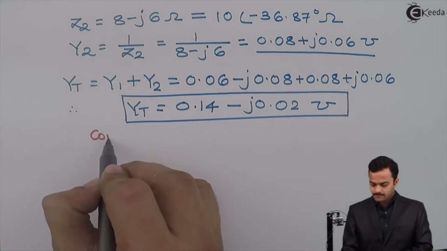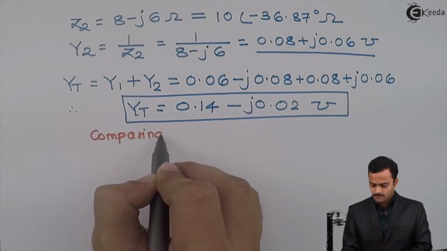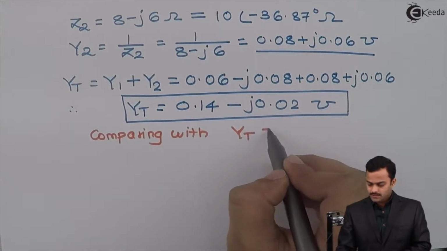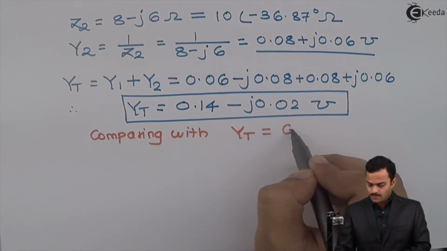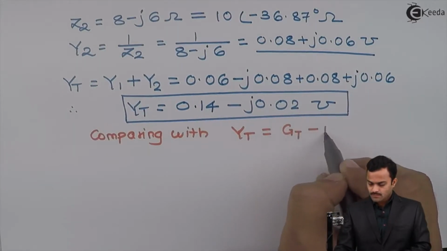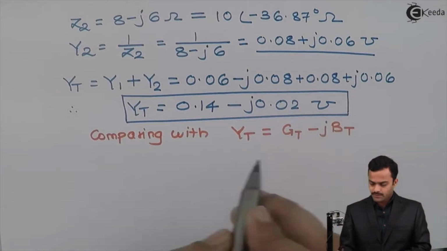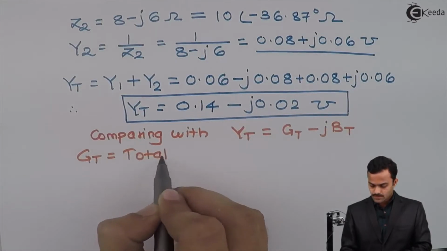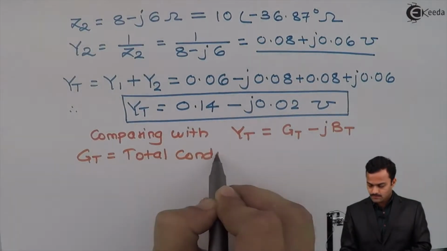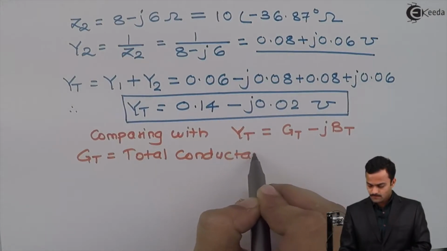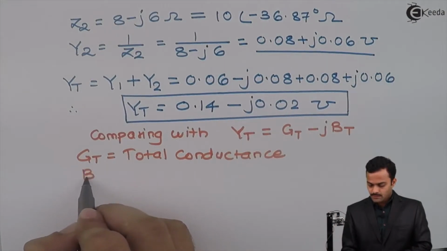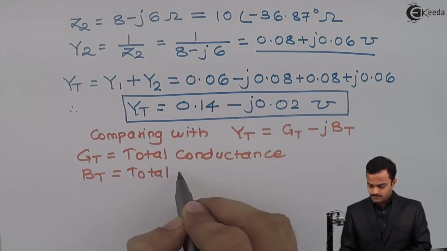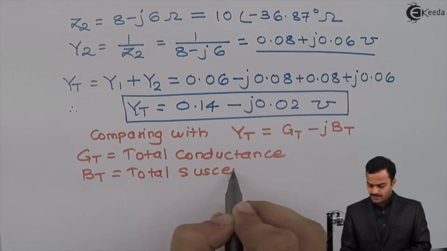If I compare with Yt equal to Gt minus jBt, where Gt is nothing but total conductance and Bt will be total susceptance.